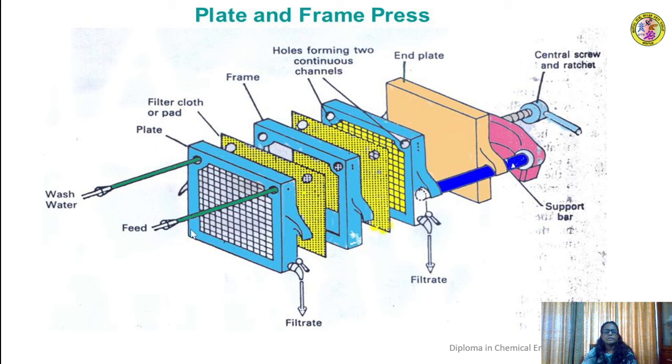During the flow of feed, the inlet valve for wash liquid is kept closed, and when the washing is taking place, this valve will be opened and the valve for feed will be kept closed. This is the discharge outlet from each plate, which is meant for taking out the filtrate as well as the washed liquid from the alternate plates.